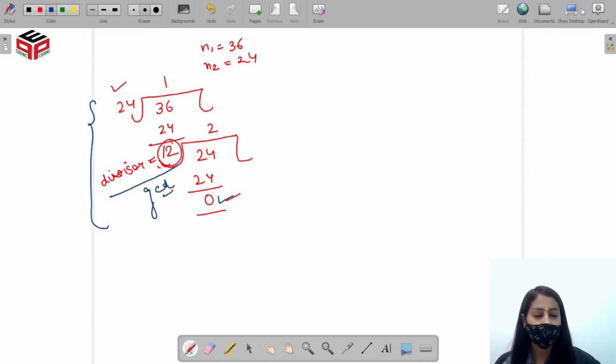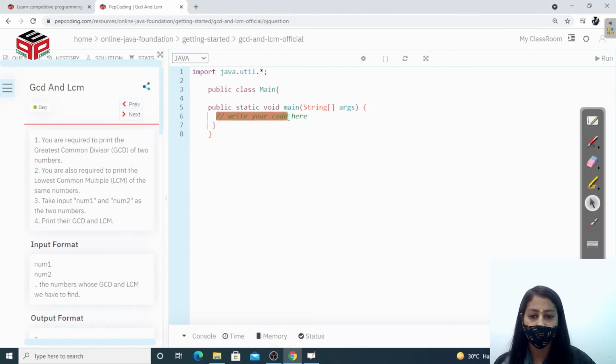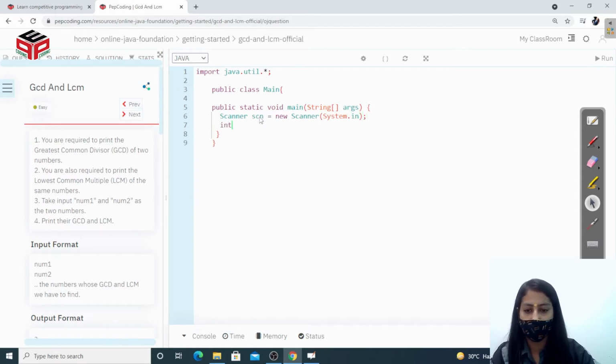Right? So let's code this approach. We have to take the input from the user, two numbers. Let the first number be n1 and the second number be n2, right?